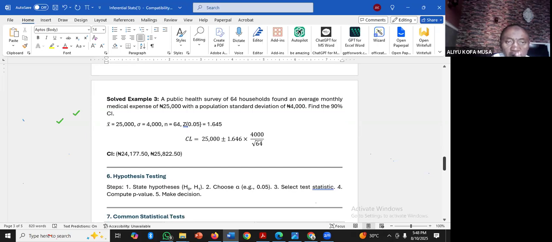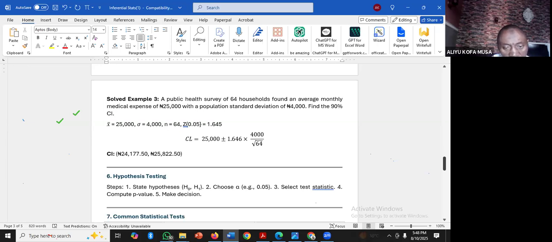You calculate your alpha: you subtract CL from 1, you get your alpha. Then you get alpha over 2. Then you get the cumulative probability by subtracting alpha over 2 from 1. Then that will give you the z value from the normal distribution.